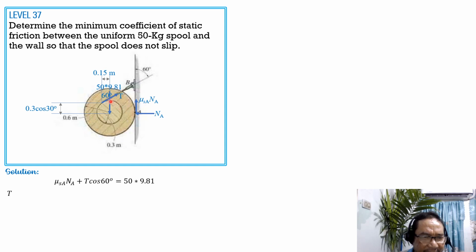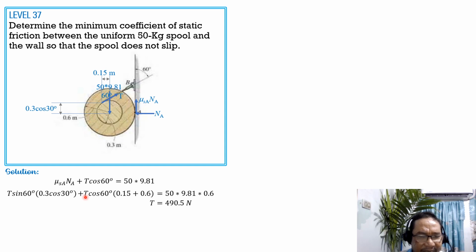We can solve for T. So T sine of 60 degrees, that's the horizontal component, and the moment arm is 0.3 cosine of 30 degrees. The vertical component is T cosine of 60, and the moment arm is 0.15 plus radius, which is 0.6. So plus T cosine of 60 degrees times quantity 0.15 plus 0.6 is equal to the moment of the weight, 50 times 9.81 times 0.6. So from here we can compute the tension.